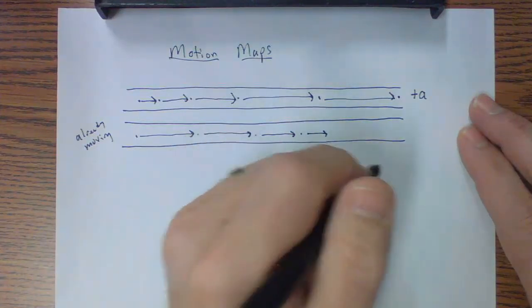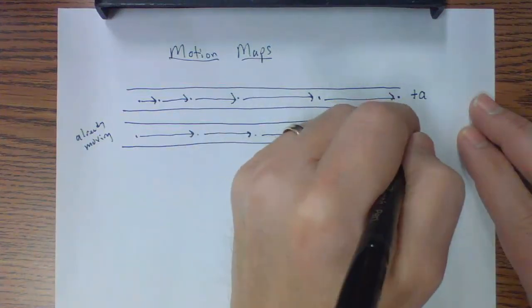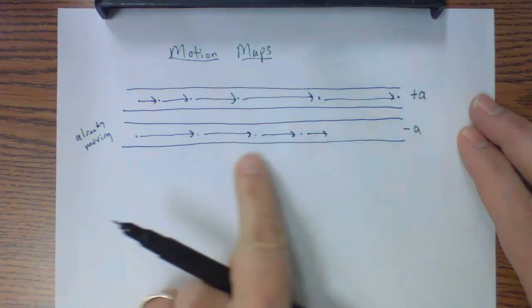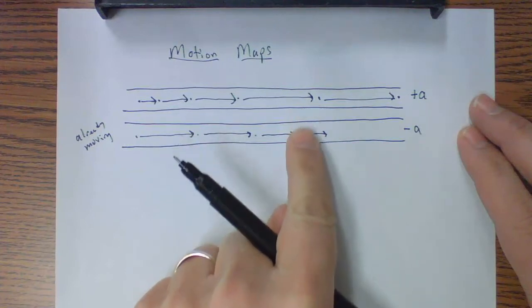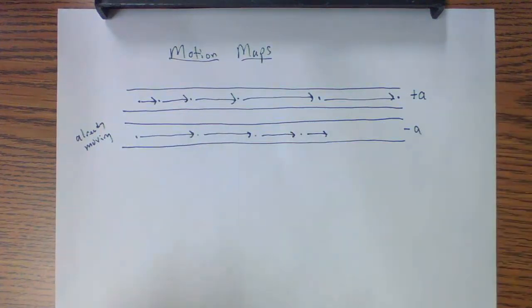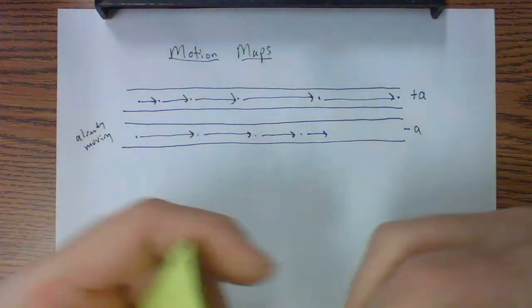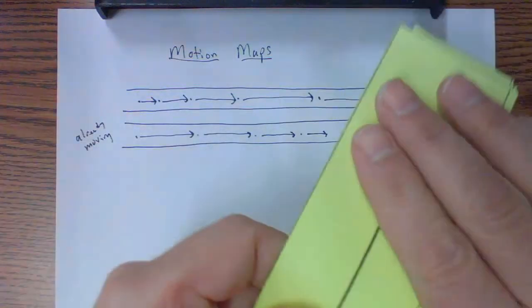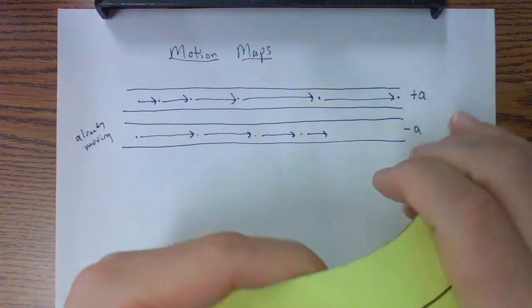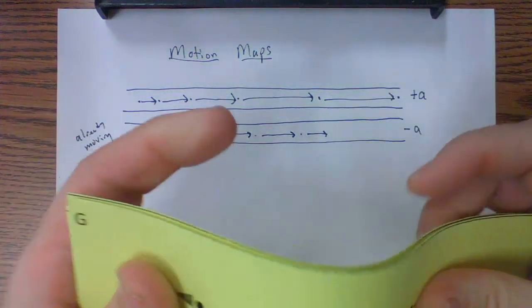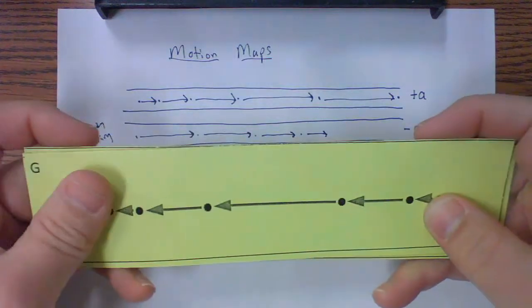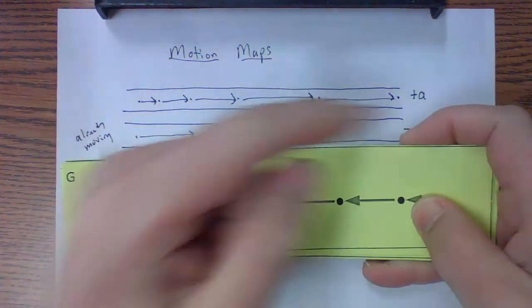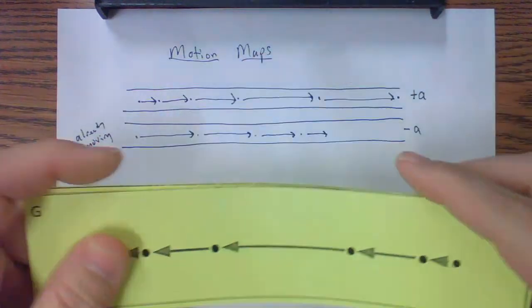We could see this as maybe a negative acceleration, so we know that we're slowing down. So this is the kind of way that we look at motion maps. Now you have a bunch of motion maps in that same bag, so I'm just going to take out these motion maps, and we'll need to straighten them out a little bit, but we're going to sort them as well. We're going to put them into a couple of piles so we know whether we have motion that's going in the positive direction or motion that's going in the negative direction.